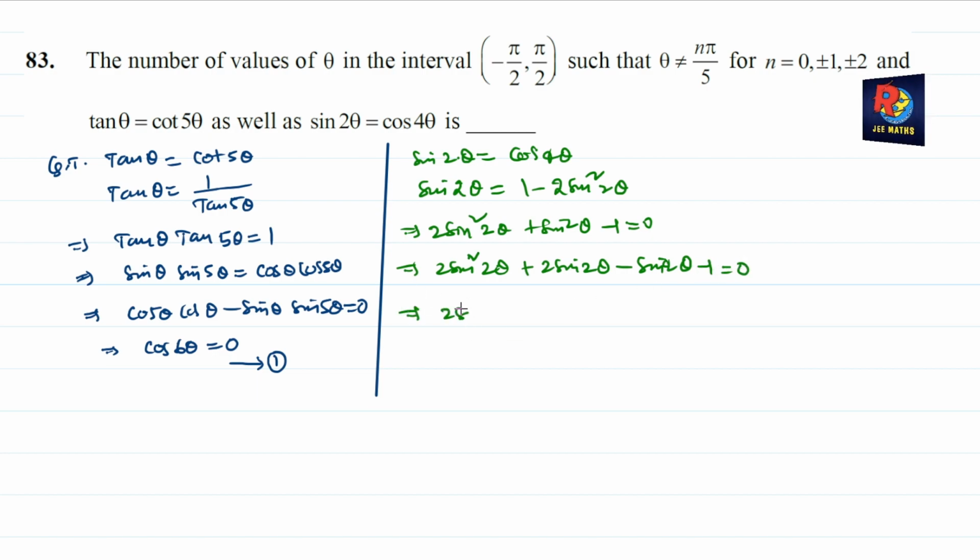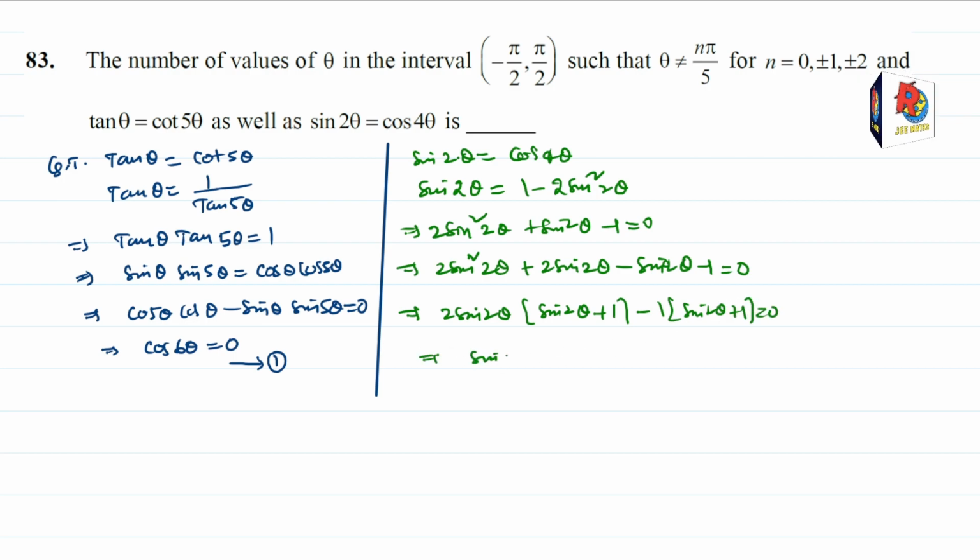If I take 2 sin 2 theta common, then sin 2 theta plus 1, and minus 1 common, sin 2 theta plus 1. So sin 2 theta plus 1 is common, then 2 sin 2 theta minus 1 equals 0. Therefore, sin 2 theta is equal to minus 1.